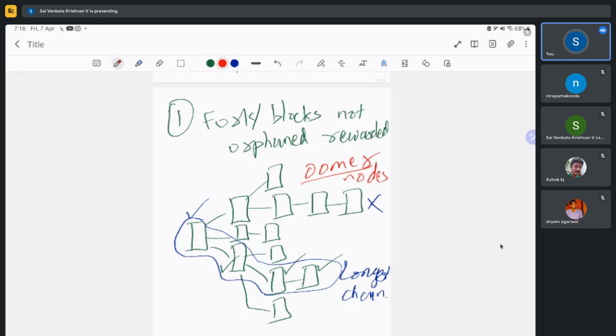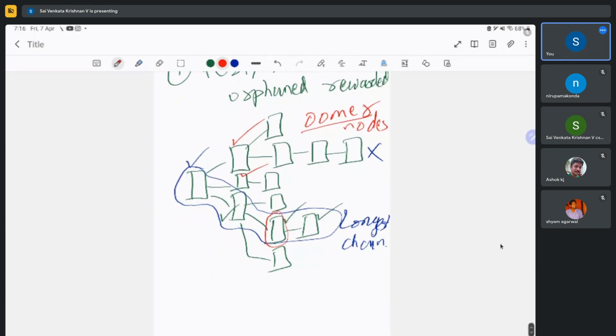Okay, so siblings of your parent. So this is a sibling node with respect to this specific block. Okay, so these are all sibling nodes, and this is the longest chain according to the GHOST protocol, according to the GHOST algorithm.